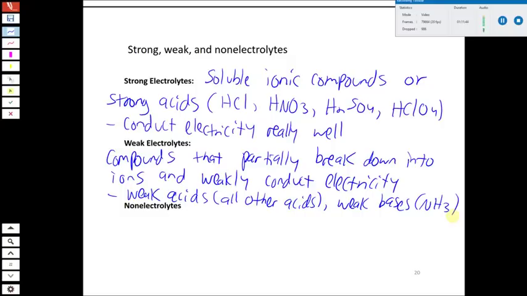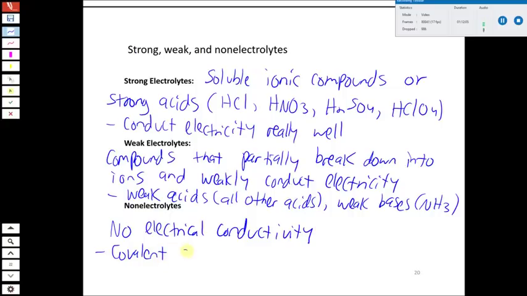The last category of substances are non-electrolytes. So when these dissolve in water, they have no electroconductivity. And the categories of compounds that would be considered non-electrolytes are covalent compounds, specifically ones that are not acids or bases.